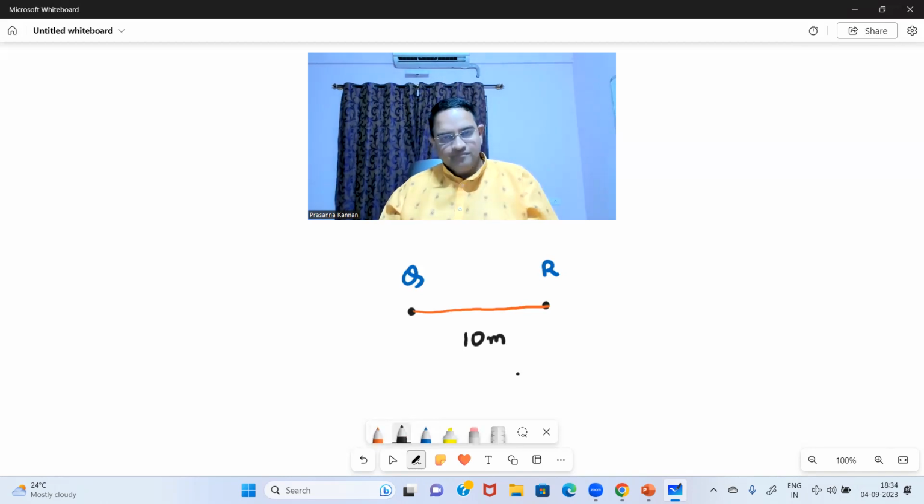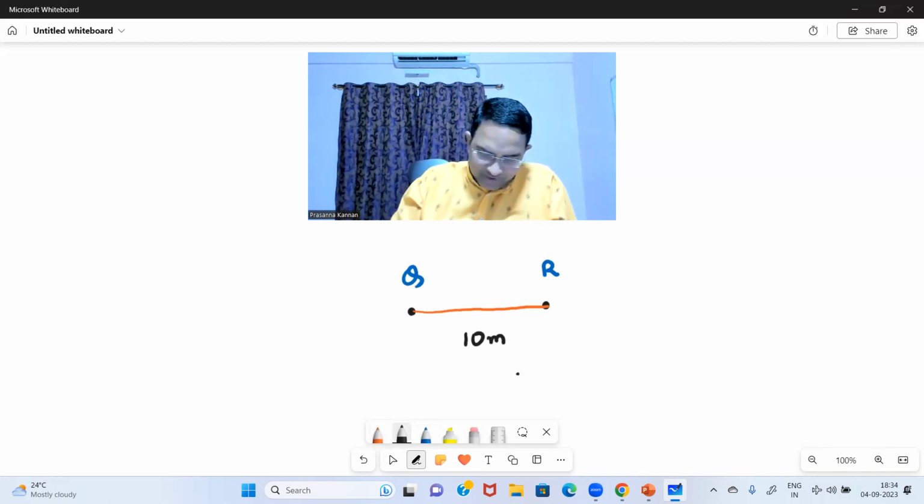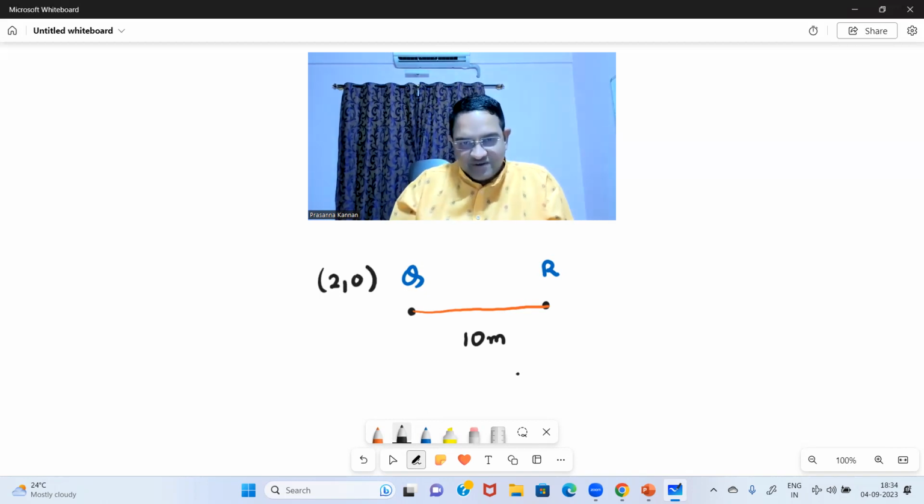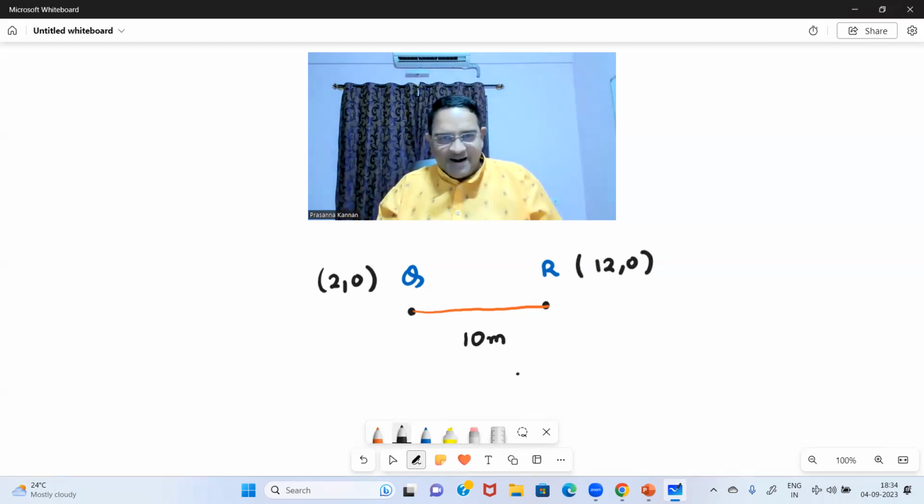Let them both be on the x-axis. They can be anywhere. Just for simplicity, I'm taking this just to help you understand this. So it will be 12,0, right? Because 10 units you have to add to the x.